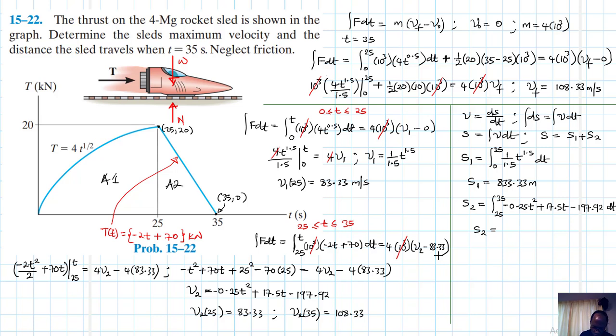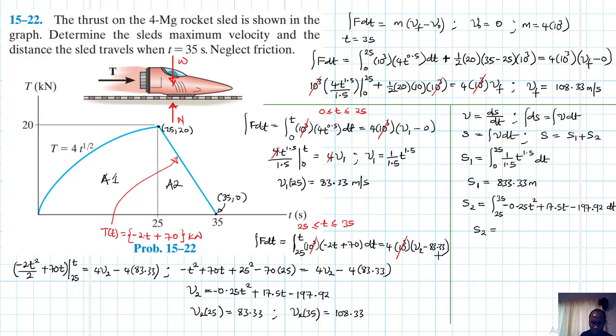So minus 0.25 times 35 to the power 3 divided by 3 plus 17.5 times 35 squared divided by 2, then minus 197.92 times 35.